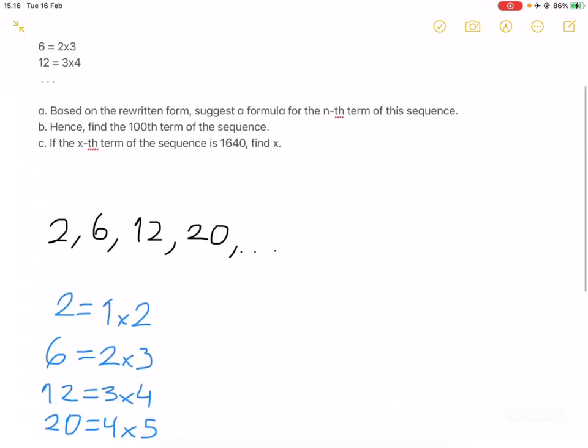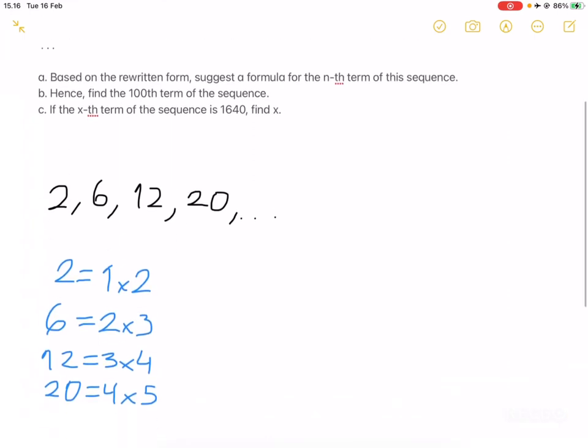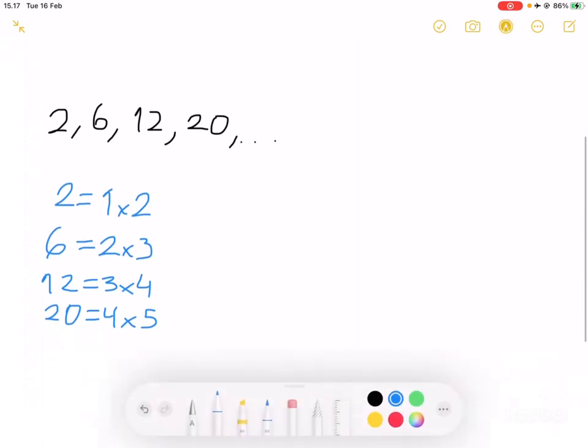So this is actually a clue to solve A, B, and C, but mainly A, because we need to find the formula first, and then we can just do the others from that formula. So notice this 2 is the first term, this 6 is the second term, this 12 is the third term, and this 20 is the fourth term.